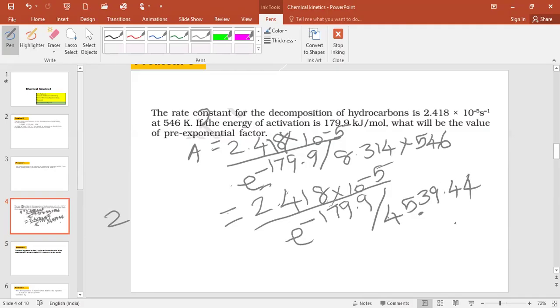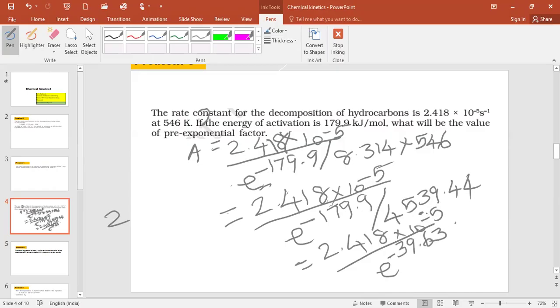Upon simplification, I get 2.418 into 10 to the power of minus 5 divided by e power minus 39.63.